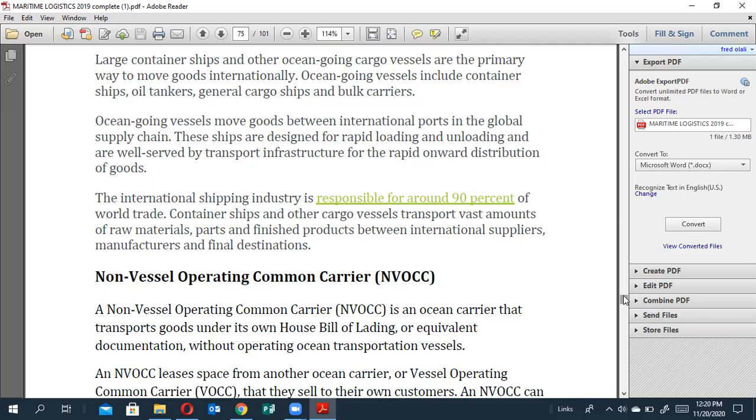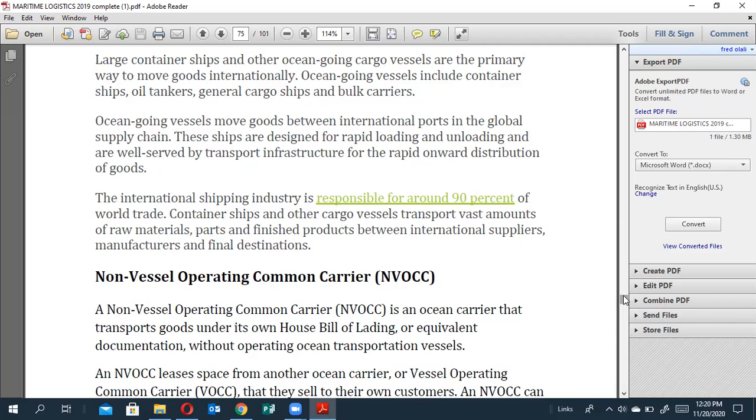The international shipping industry is responsible for around 90% of world trade.